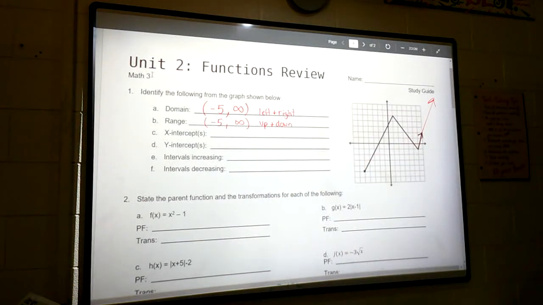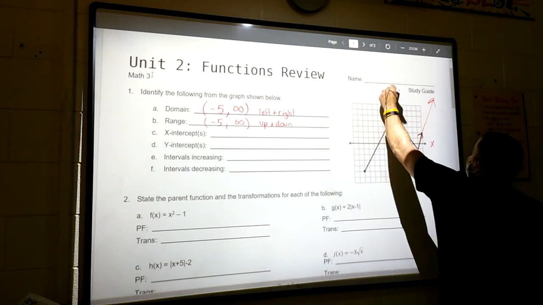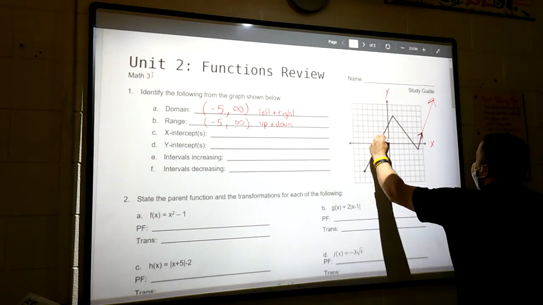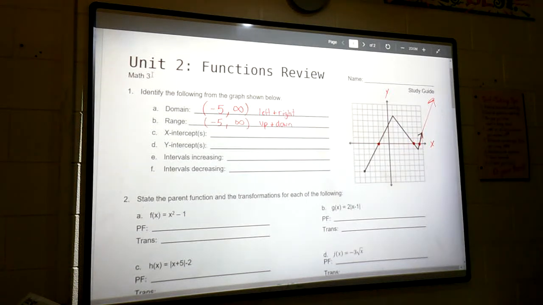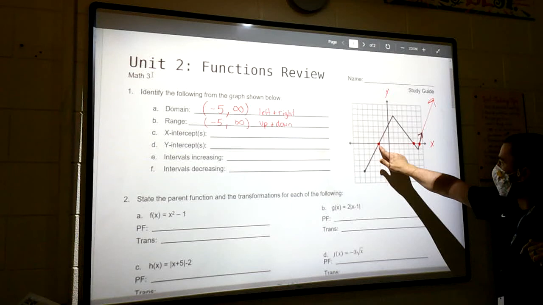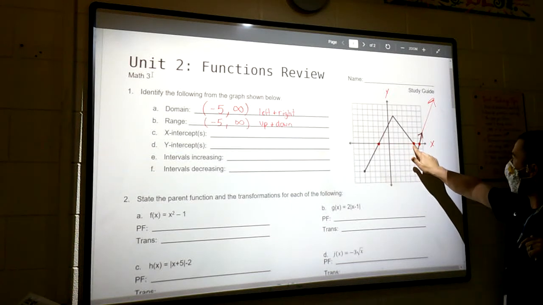Now, x-intercepts, you need to know what's the x and what's the y. The x-intercepts are where it crosses the x-axis. If you look at this, there are 3 spots where it crosses the x-axis. I just have to write down those 3 since I know this is my x-axis. This one is -2, and I can count over 1, 2, 3, 4, that's 5.